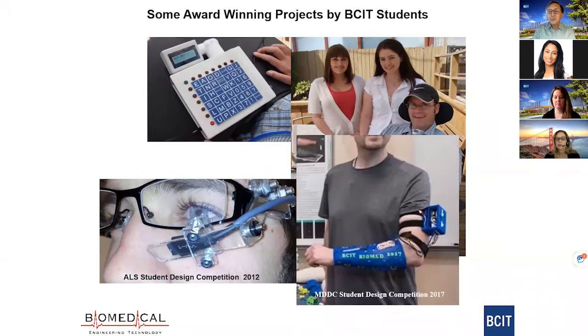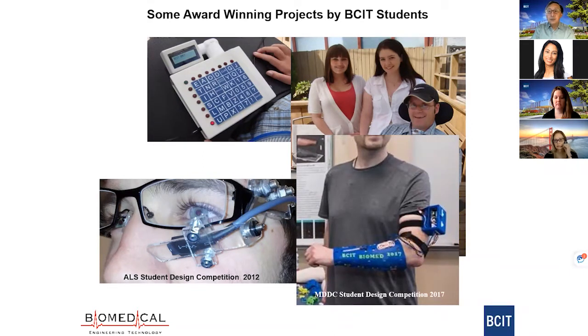Next. This is another project which was initiated by a physiotherapist. This is what we call a smart cast. Imagine this person broke his arm. The traditional cast is a plaster cast, and it's difficult to monitor how well the healing is.